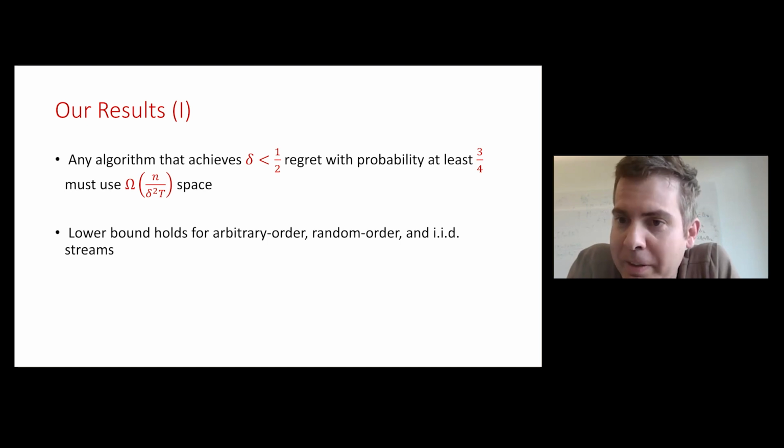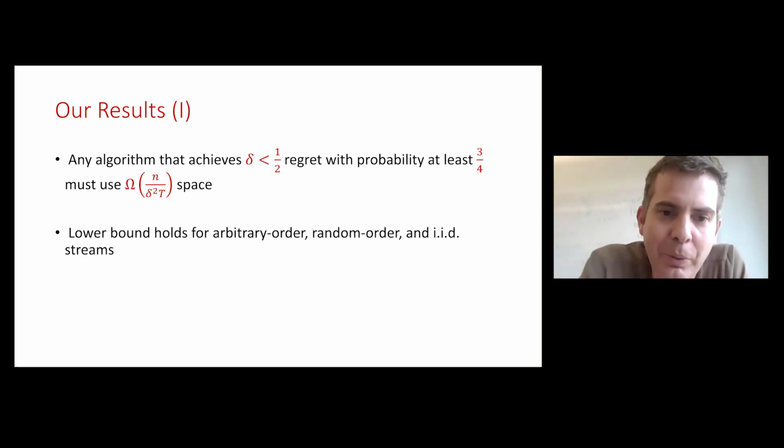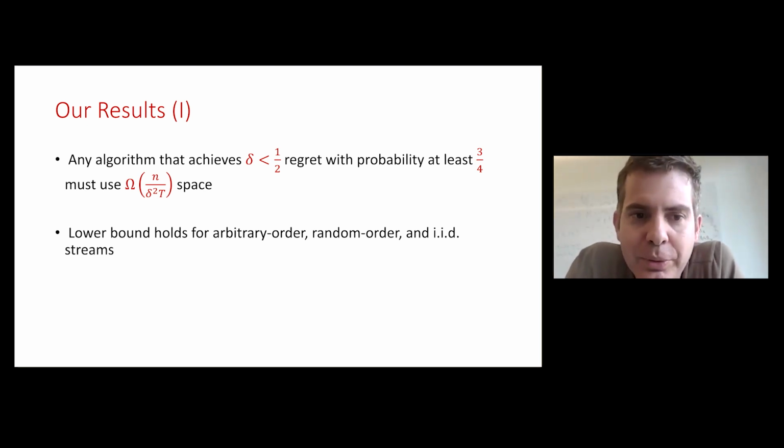But here's a nice potential trade-off. I didn't say that we had an algorithm yet, but as the regret goes to a constant, then you're getting space that could be as small as n over t. You have a lot of days. This is a significant savings over n space, maintaining a weight for each expert. You don't have to do that.